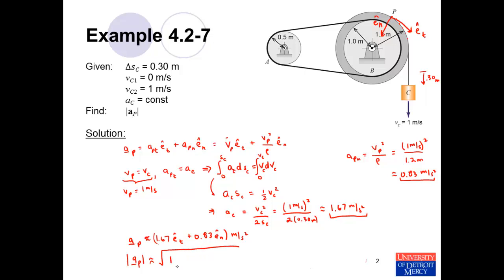We take the one component, square it, take the normal component, square it, add them together, and take the square root of the sum. And we get that the magnitude of the acceleration is approximately 1.86 meters per second squared. So that is the solution to the first part of the problem, part A.